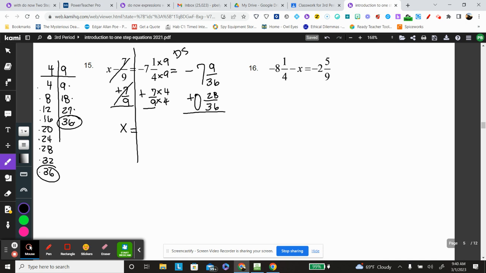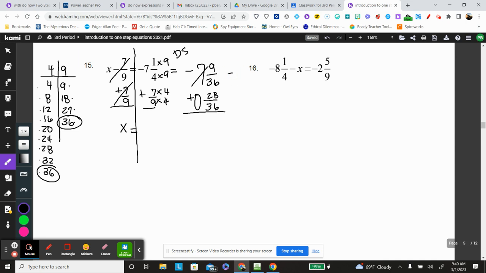How do I know I gotta regroup? Because you can't take 9 away. You can't do 9 minus 28. Who remembers how to regroup? I'm gonna be so impressed if you remember how to regroup with fractions. She said you add the top and bottom. What happens to this right here, though? It becomes a 6.